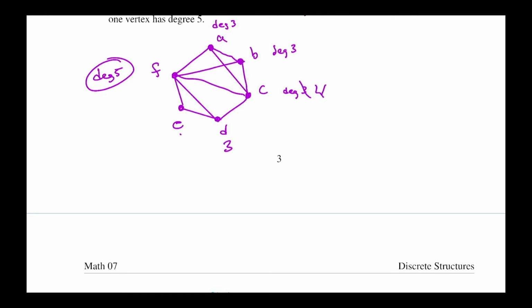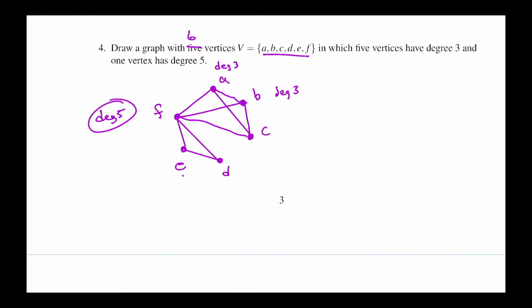So that edge won't work. So we have to erase that, right? So what are we going to do? In fact, all of the other edges are already essentially done. So the only thing we could really do if we don't want to erase a lot is make another, like a second edge there.